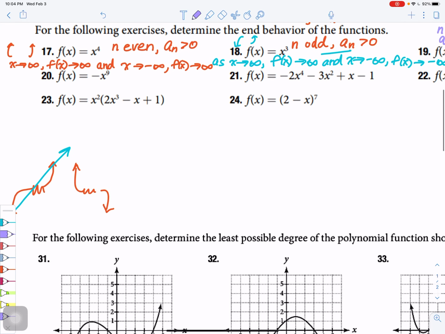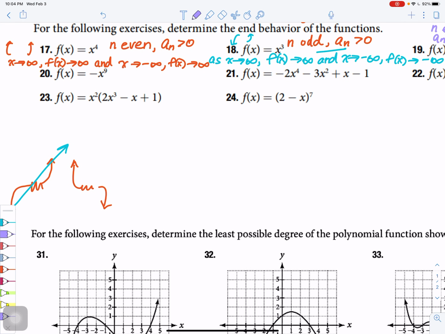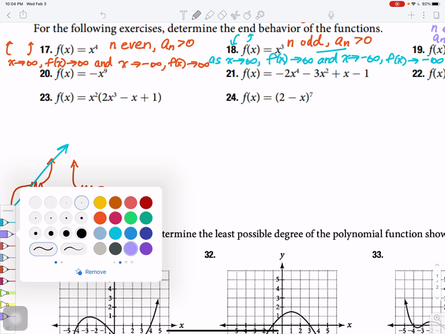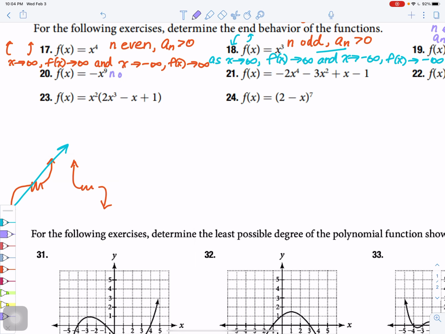Let's look at number 20. What do you notice? You notice that n is odd, that's 9, and the leading coefficient is negative. So what's going to happen is it's going to look like this, the ends. Think of a negative slope, okay?